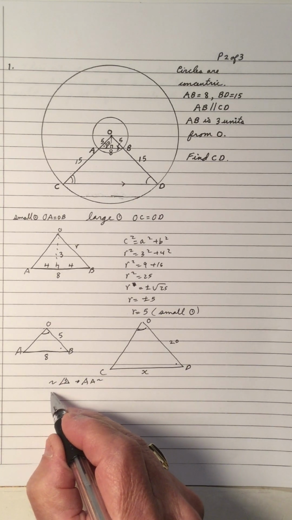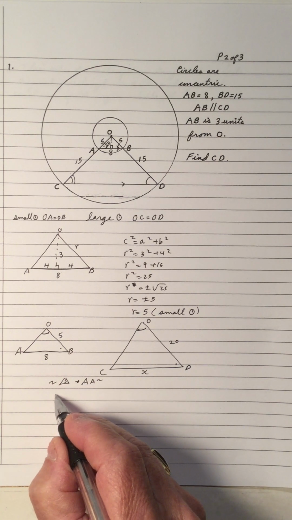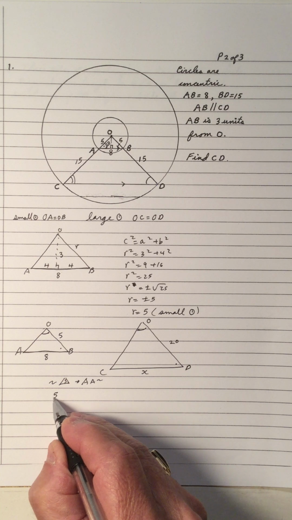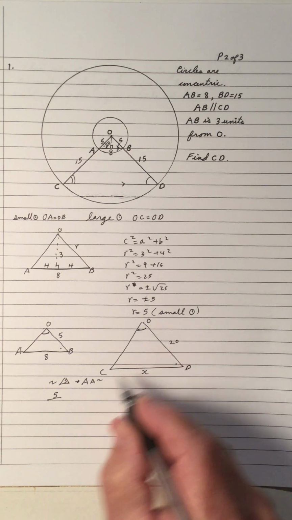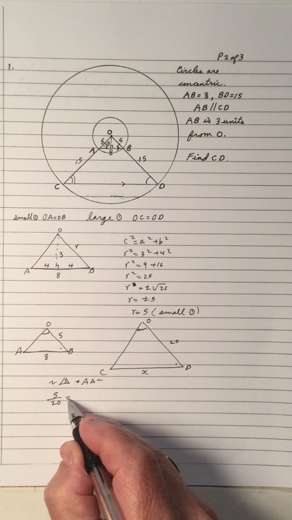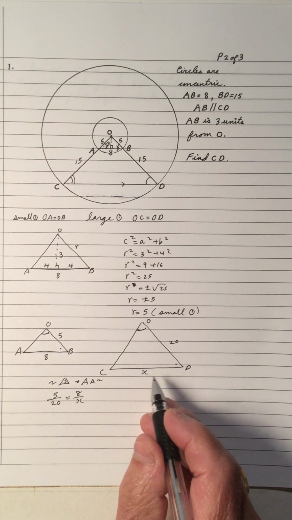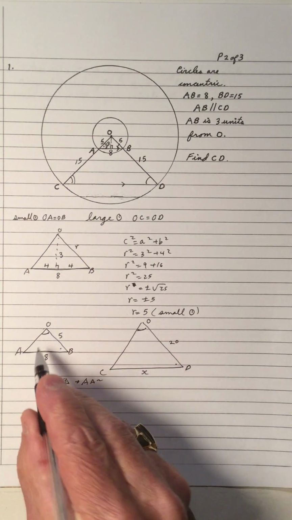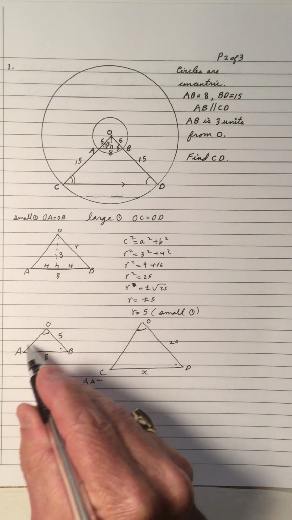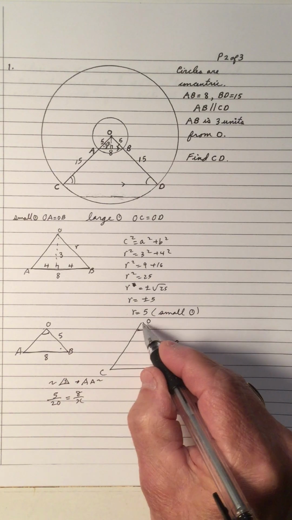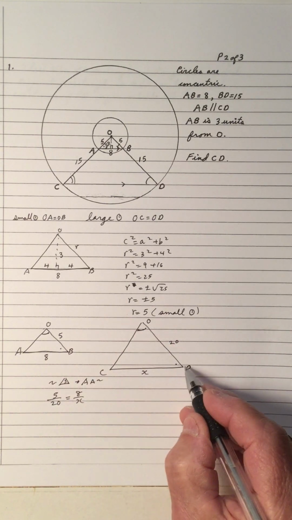As a result, we have a proportion. So 5 over 20 is equal to 8 over x proportionally. So triangle OAB is similar to OCD.